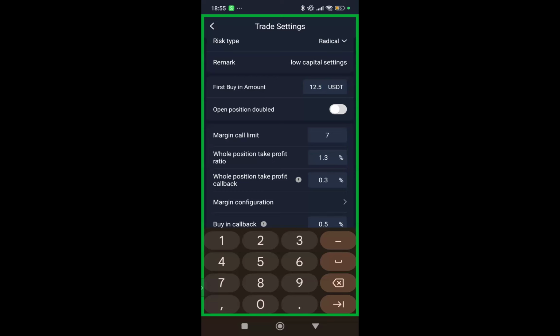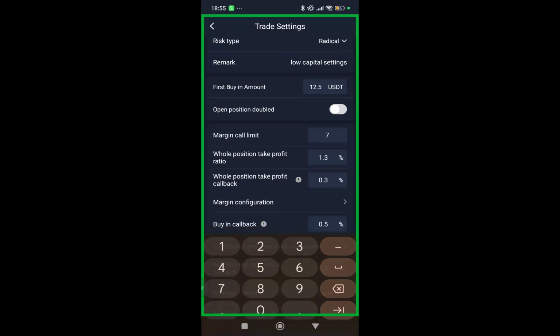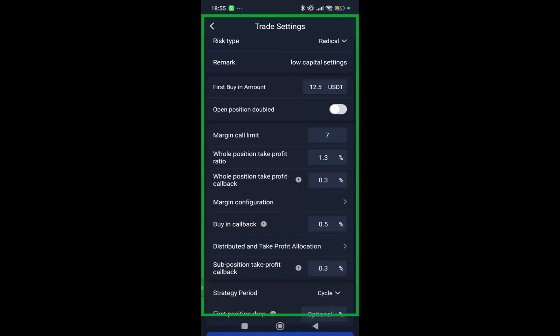Do you know what open position doubled means? No. Can you turn it on? Good. What it means is that when it wants to buy that 12.5, it will buy 12.5 times 2.